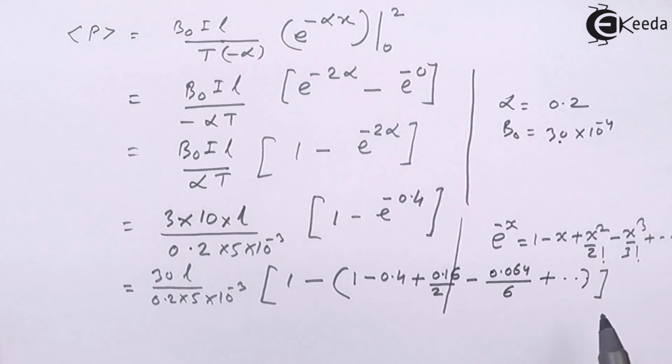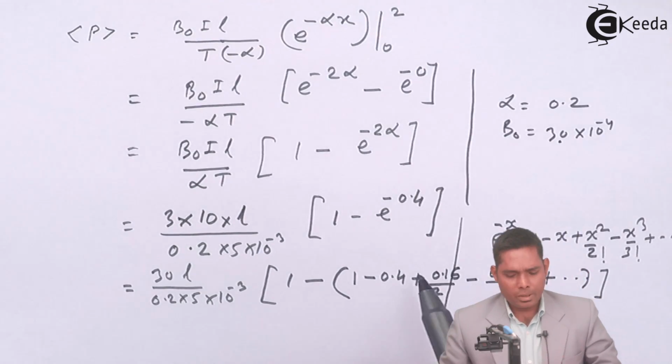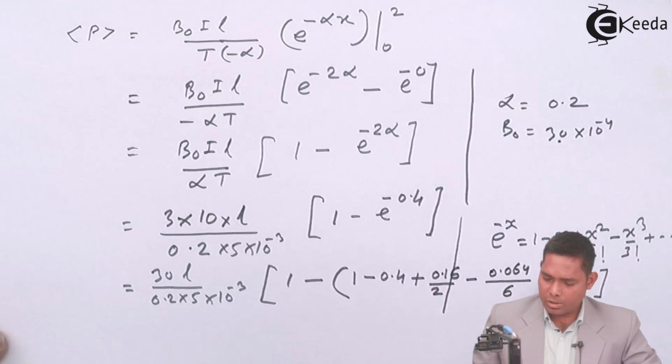Close the bracket. We'll obviously neglect the higher values, because our answers would be in approximation, so we don't have to calculate all those things.